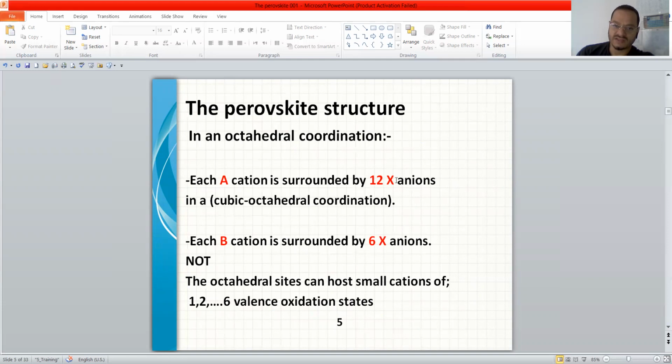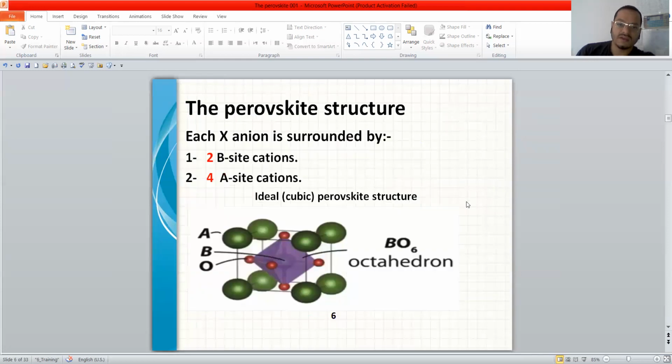Like I said before, X is connected with all of these cations, A and B. In a cubic octahedral coordination, each B cation is surrounded by 6 anions. The octahedral sites can host small cations, with valence oxidation states from 1 up to 6. Here, each X ion is surrounded by 2 B.